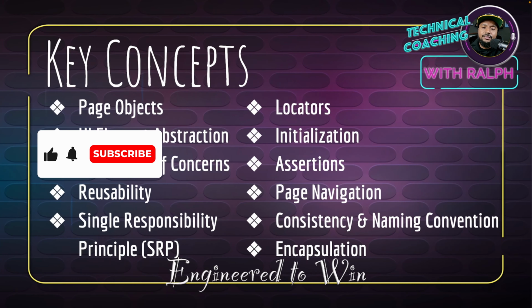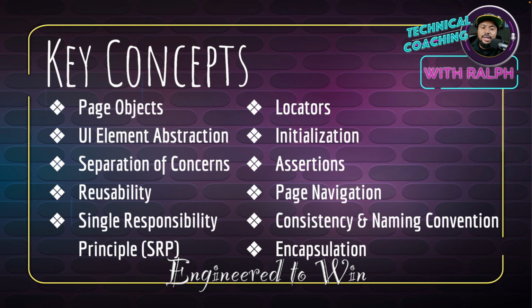All right. So what are some of the key concepts of the page object model? Well, I guess to start off, page objects would definitely be a key concept, right? And then it takes the UI, the user interface, and abstracts the elements from that, right? So you have the user interface, and now you can pull out the actual elements that are part of that.